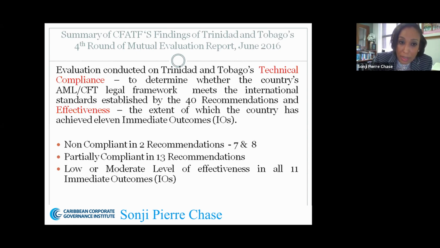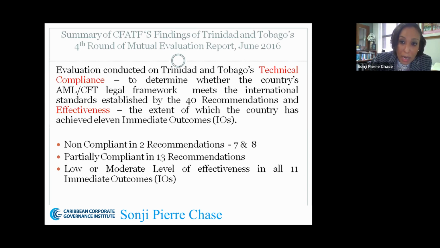our country, Trinidad and Tobago, was evaluated to determine our level of adoption of these 40 recommendations and to assess our exposure to money laundering issues and all of the other concerns relating to money laundering. We were found to be non-compliant in two recommendations, in that we had done nothing legislatively to implement them. That's recommendation 7 and recommendation 8.